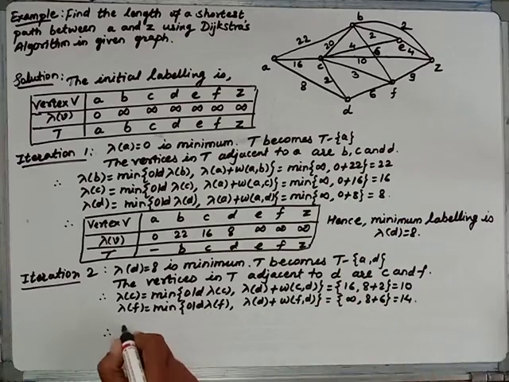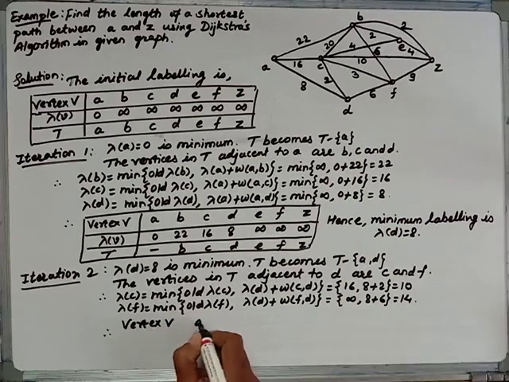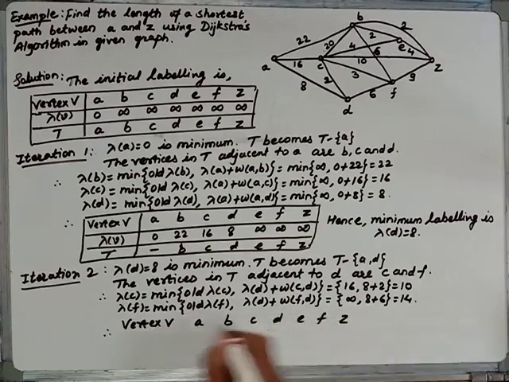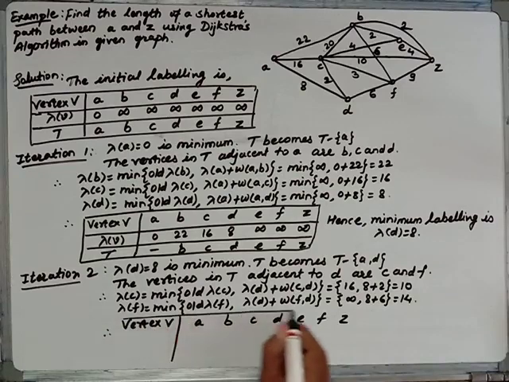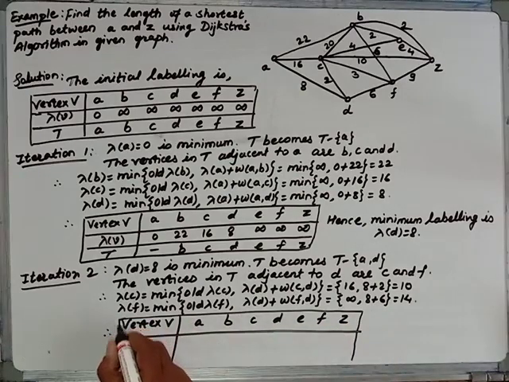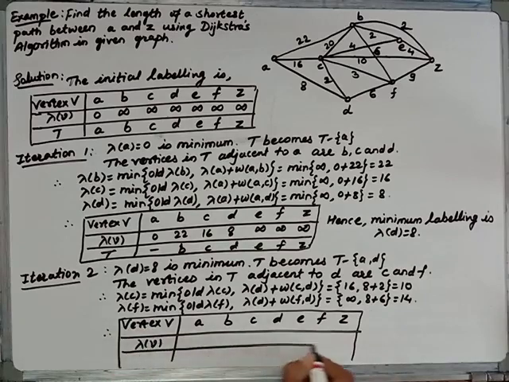Therefore, our new labeling is vertex V: A, B, C, D, E, F and Z. What is lambda of V? For A it is 0, for B it is the same.